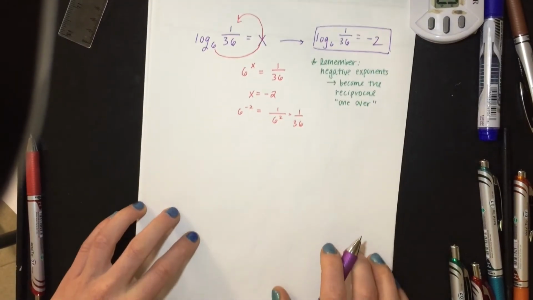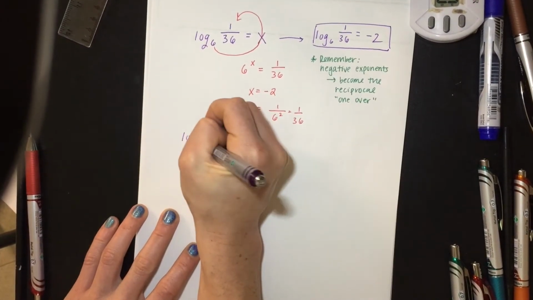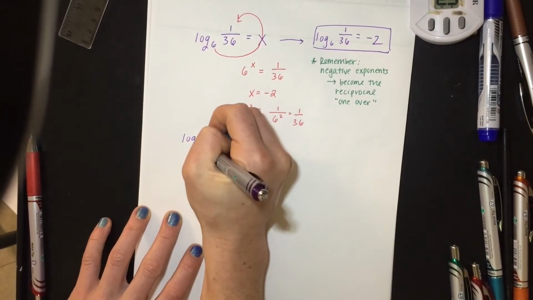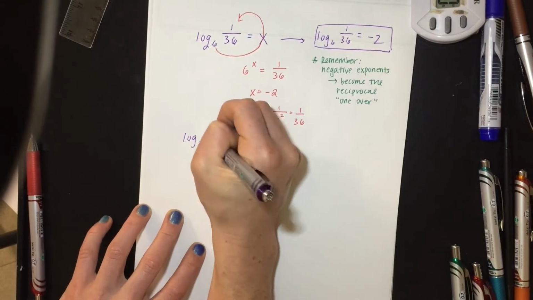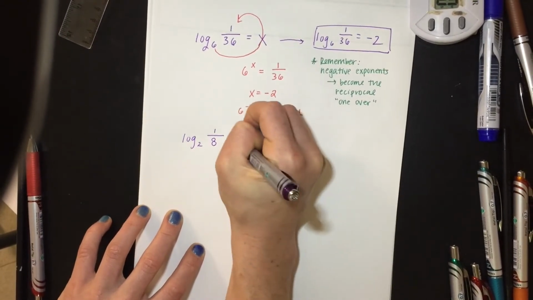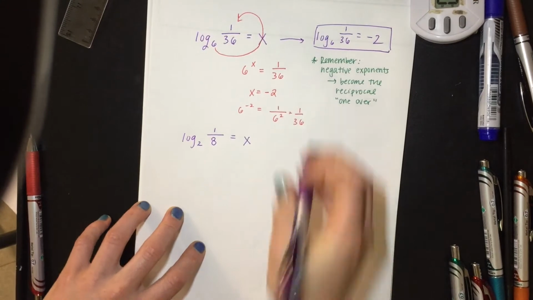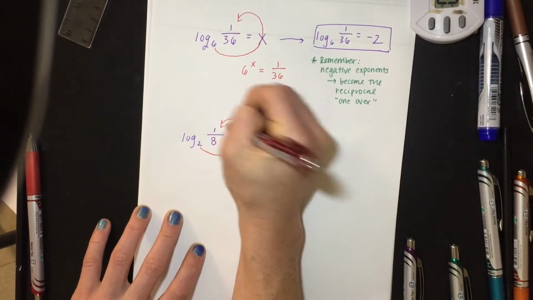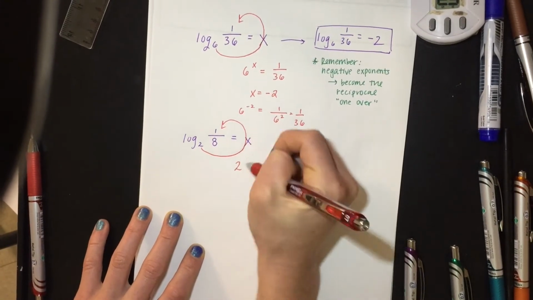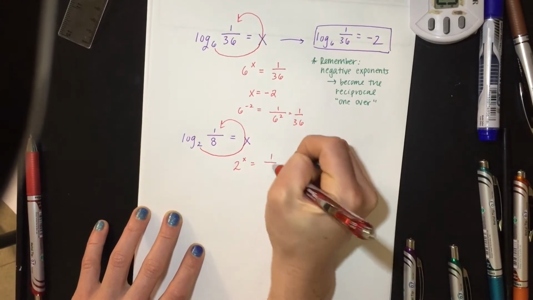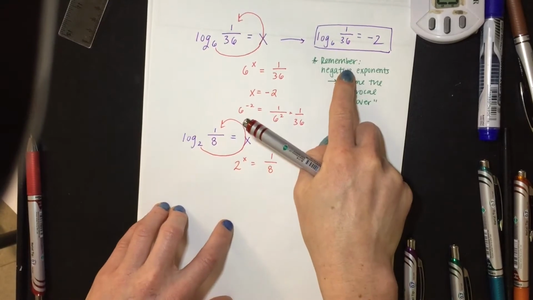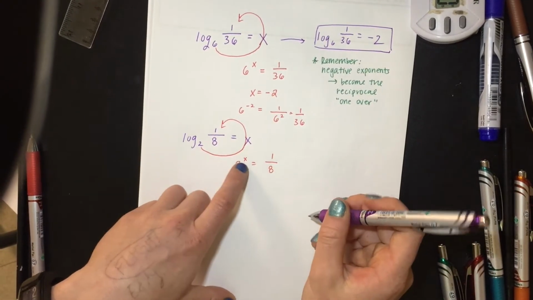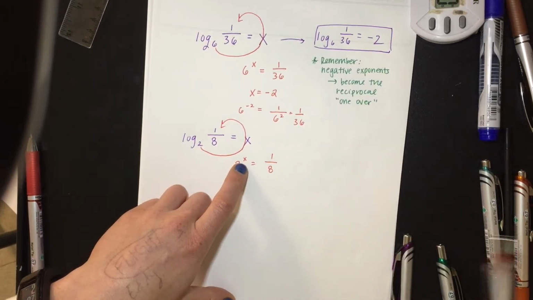Two more. What about this one? Log base 2 of 1 over 8 equals what? Well, let's see. 2 to the what equals 1 over 8? It's also going to be a negative exponent. So 2 to the what is equal to 8, and then just make it negative. Do you know what it is?